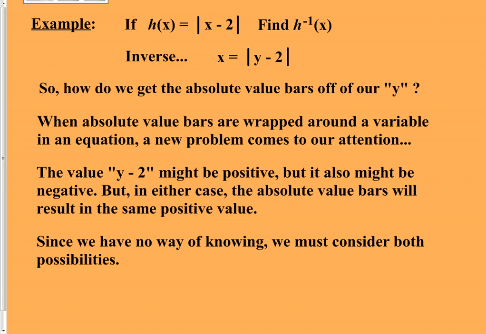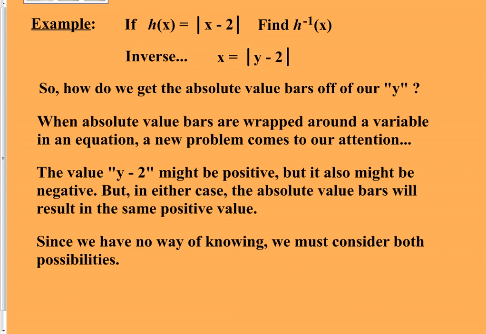We know that absolute value bars are going to steal the sign of any value that is inside of them. If they're going to steal the sign, we have a problem. We might have a y minus 2 that is some negative number, and we might also have y minus 2 that is some positive number, and we have no way of knowing which one it is. So in order to be entirely accurate, we must consider both possibilities, that y minus 2 is positive and y minus 2 is negative.